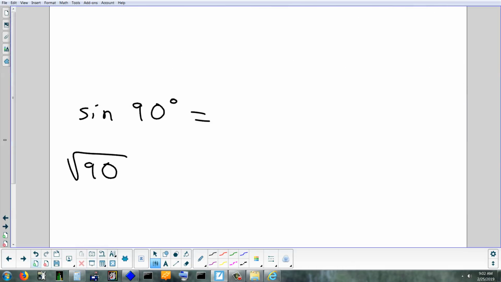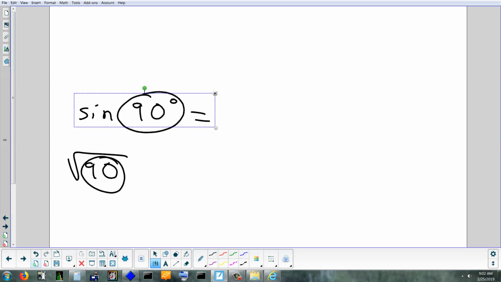You just say the word of. Square root of 90. Okay. Same thing here. Sine of 90. Right? This is kind of what you're plugging into the square root function. Well, this is what you're plugging into the sine function. Right? So anytime you have a function, you have to plug a number into it. And that's what that is.